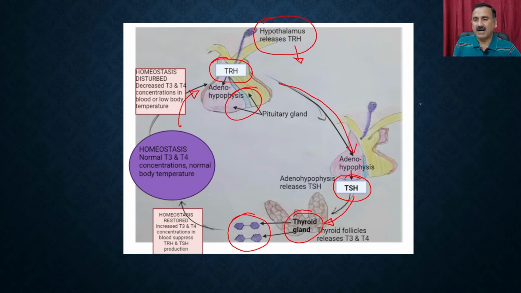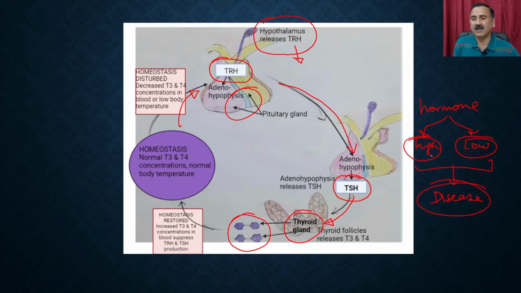Since we are talking about hormones, right, hormones could be in two conditions: there could be high hormone production or there could be low hormone production, and both of these conditions are going to cause different types of diseases, because if there is high hormone production, it is going to disturb the homeostasis.